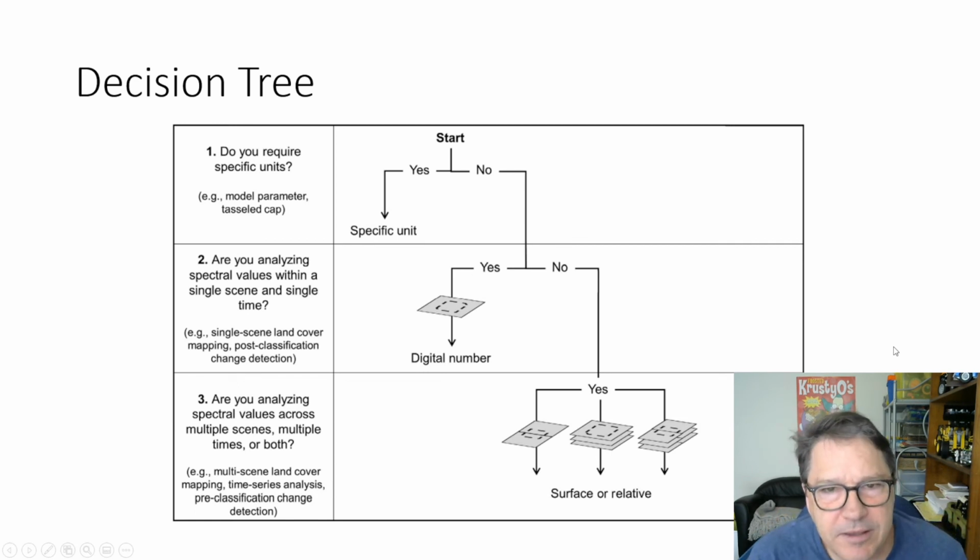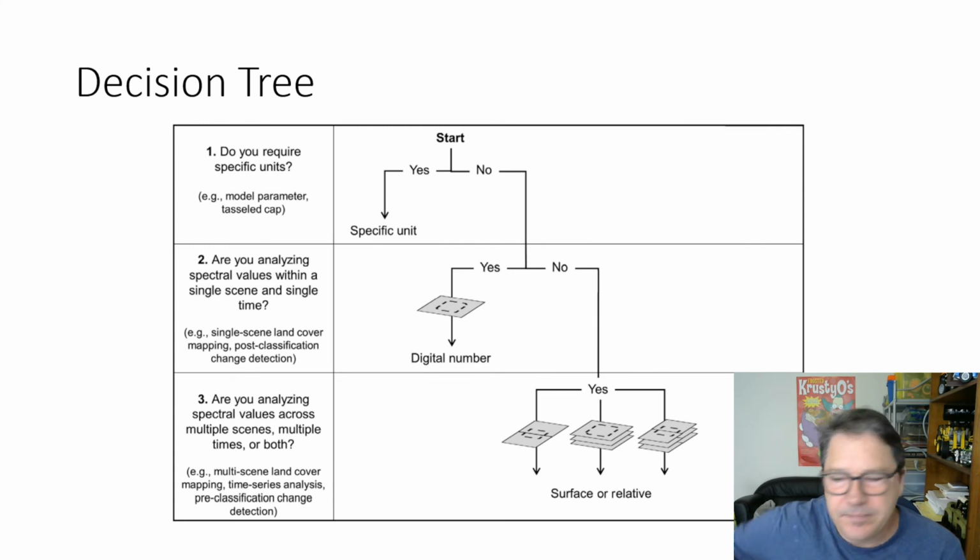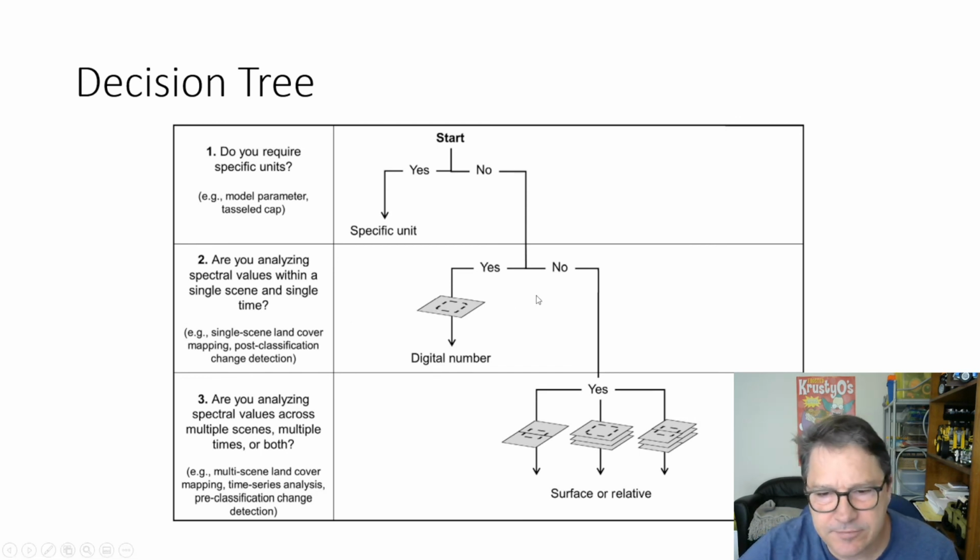So, again, I've nicked this from the paper, so you have this sort of decision tree. And so you look at what you need. Say, do I need specific units? For example, for the index that I want to calculate. Well, yes, okay, we've got to go one particular way. If no, okay, we keep going. Are you analysing spectral values within a single scene, or is it a mosaic, or is it multiple series of time?